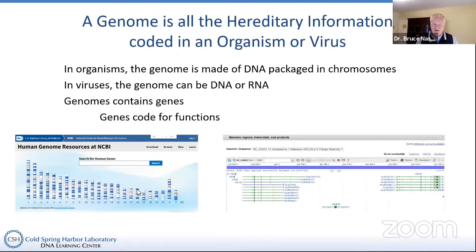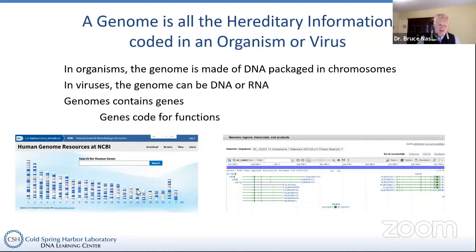And the genome is all the hereditary information encoded in an organism or a virus, which are not considered organisms, but they have many of the same aspects as living organisms, including having a genome, which is either made of DNA or RNA.